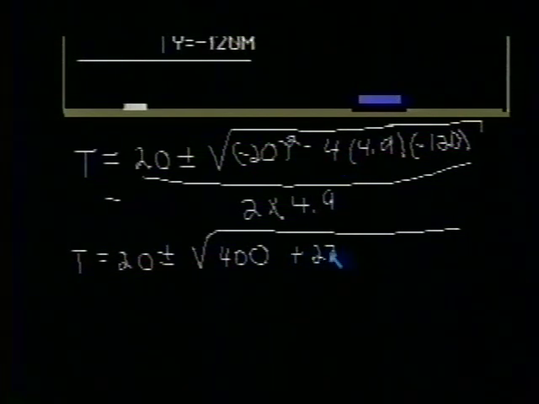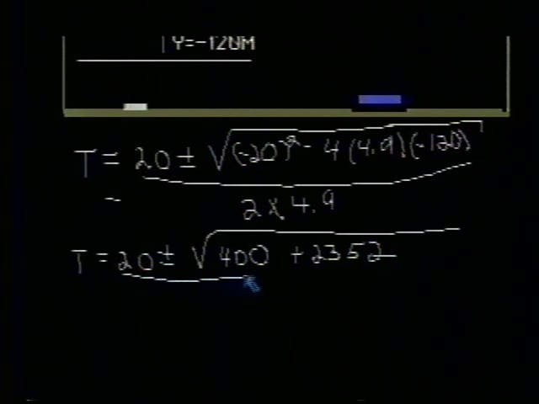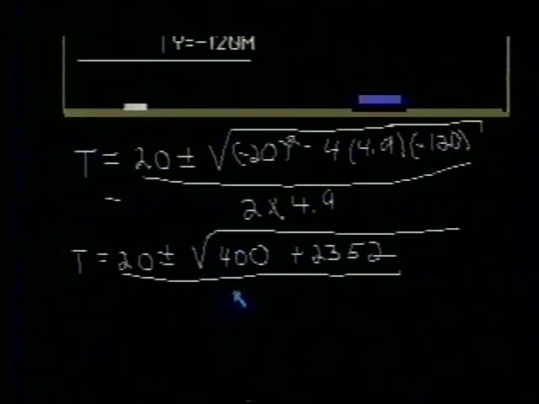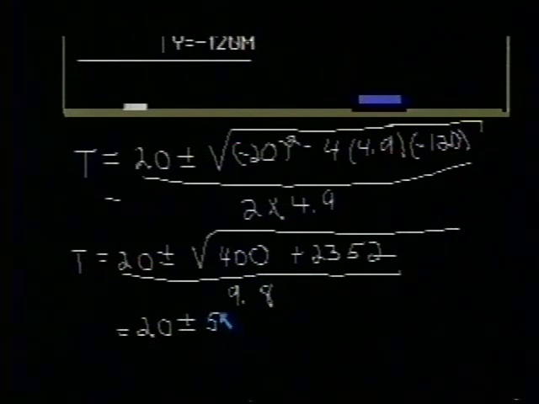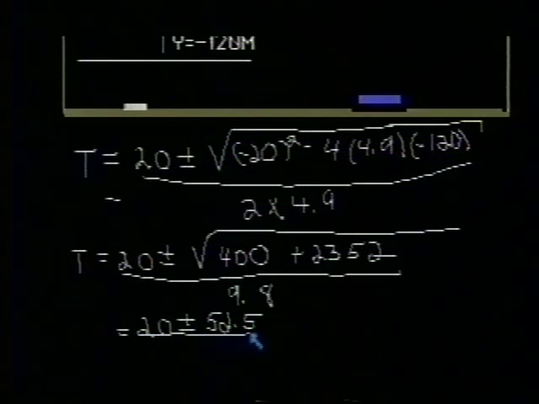2352. And divide all that by 2 times 4.9, which is 9.8. And you'll come up with 20 plus or minus, when you take the square root, 52.5 when it's rounded to 3 places, divided by 9.8.